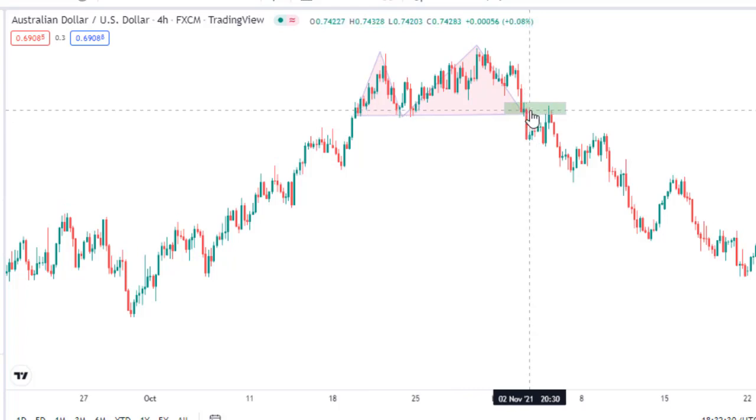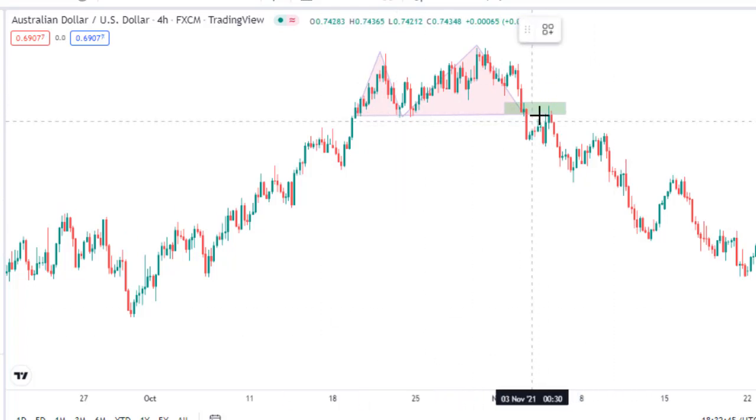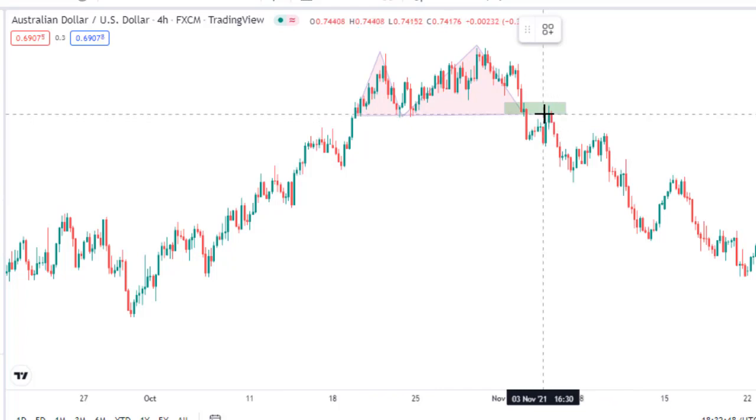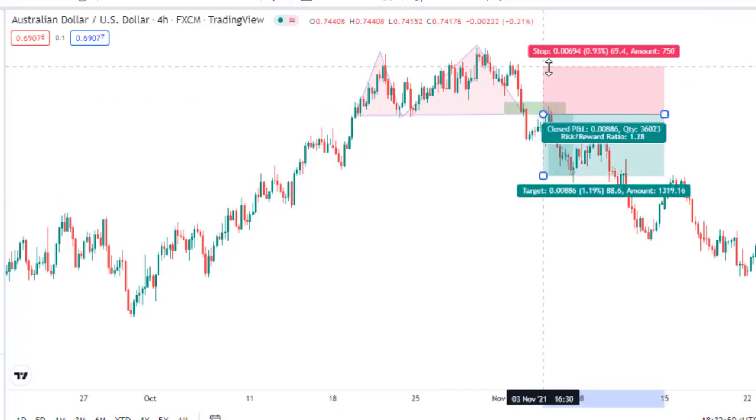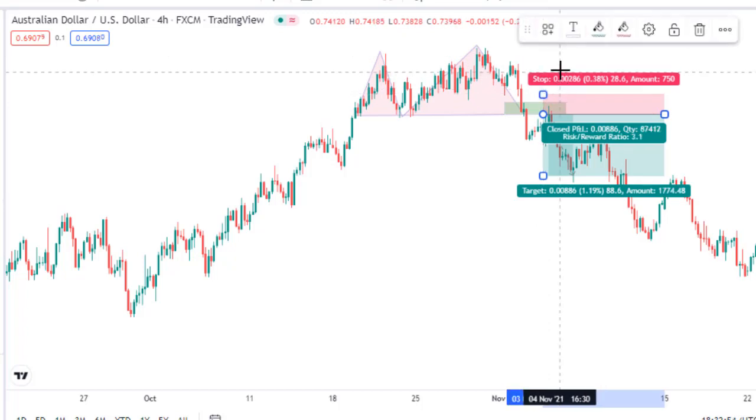But before that, it formed a base that I really like. Okay, when price breaks down here, we are waiting for a retrace. That retrace happens here. We enter here and put our stop loss 1.5 behind that base.